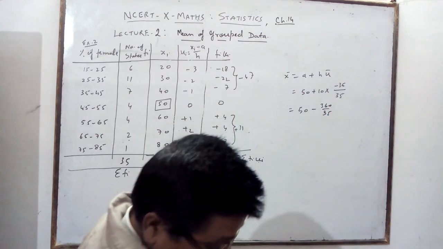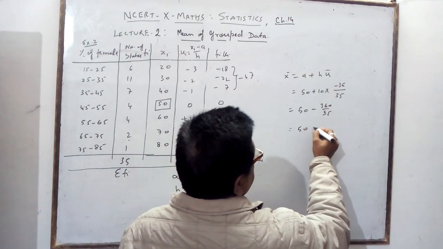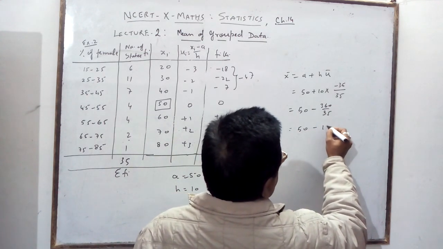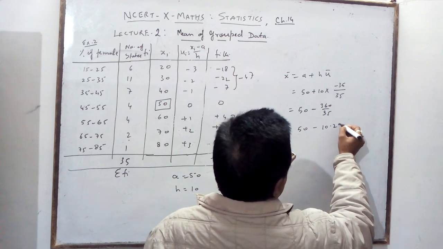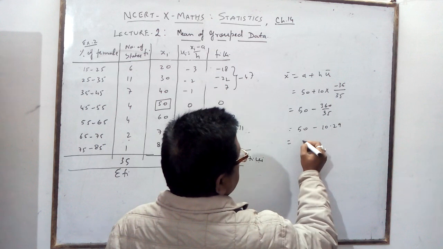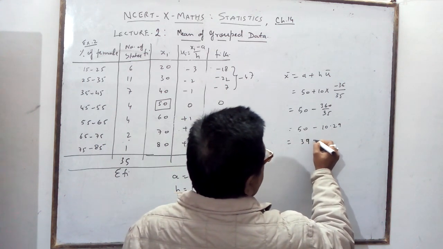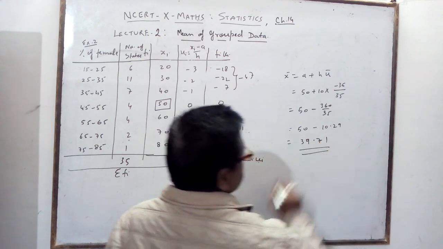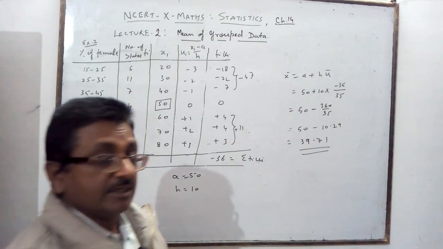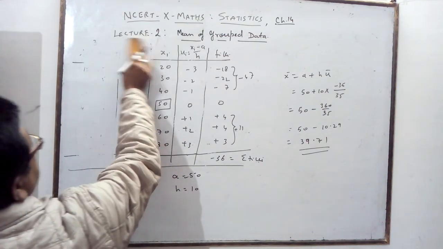What you have got in the previous method, the same thing you will get: 50 minus 10.29 approx, you will get 39.71. The same answer you will get here also. Like this you can do it, by the deviation and step deviation methods.